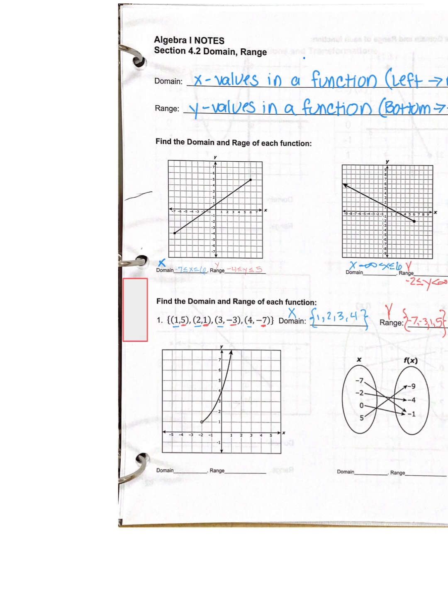Let's go ahead and find our domain and range for our graph right here. We have this open circle and it goes to an arrow. So if you remember, our domain is our x values. So we have our x-axis, and that starts right here at -2.